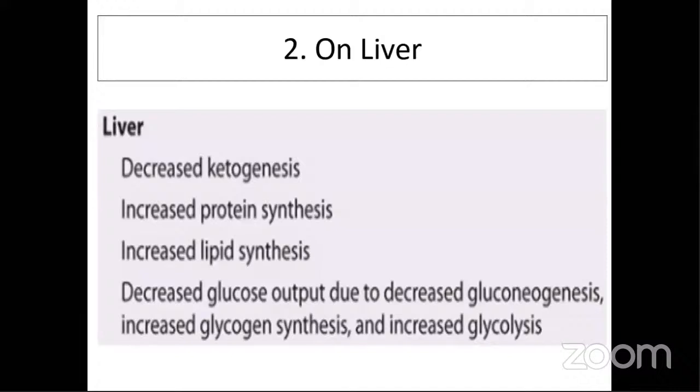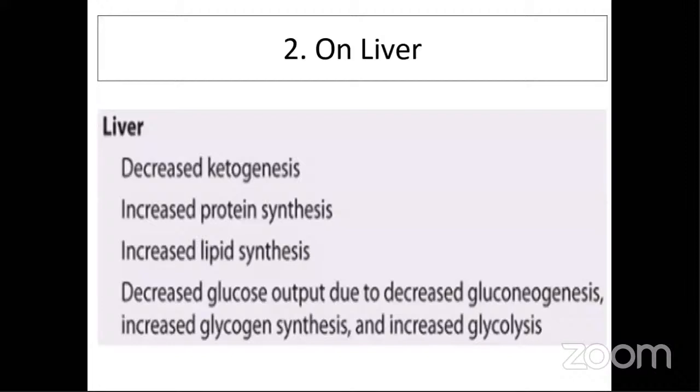The body will turn to other mechanisms for energy production, and one such energy-producing substance is the ketone body. But if you have insulin, it will reduce ketogenesis, and it will increase protein synthesis. Why? Because the liver is mainly the site of protein synthesis. It also increases lipid synthesis, and it reduces glucose output due to decreased gluconeogenesis, increased glycogen synthesis and increased glycolysis.